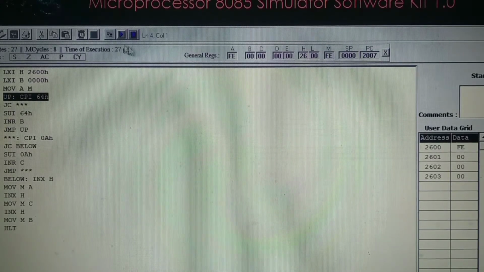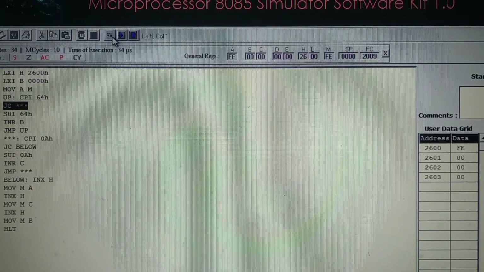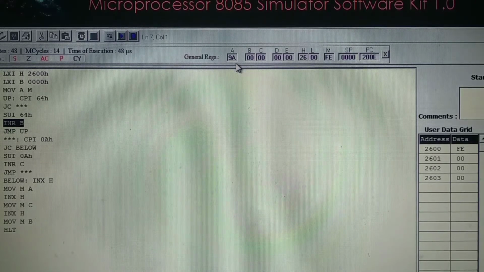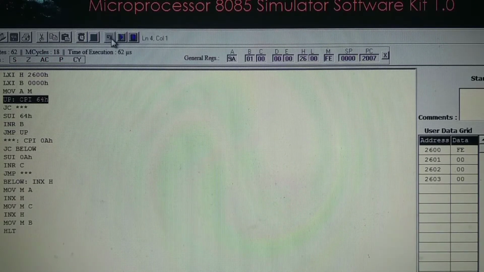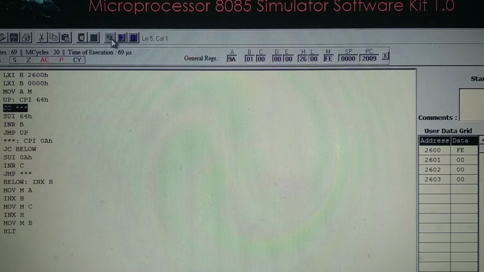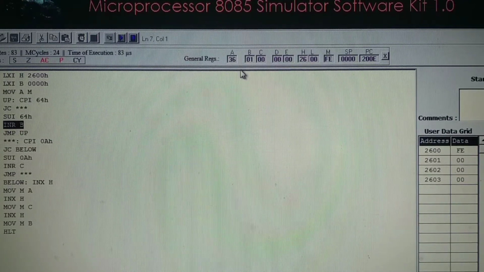The number is greater, therefore 64 is subtracted and B incremented. Again compare with 64, 64 subtracted and B incremented.